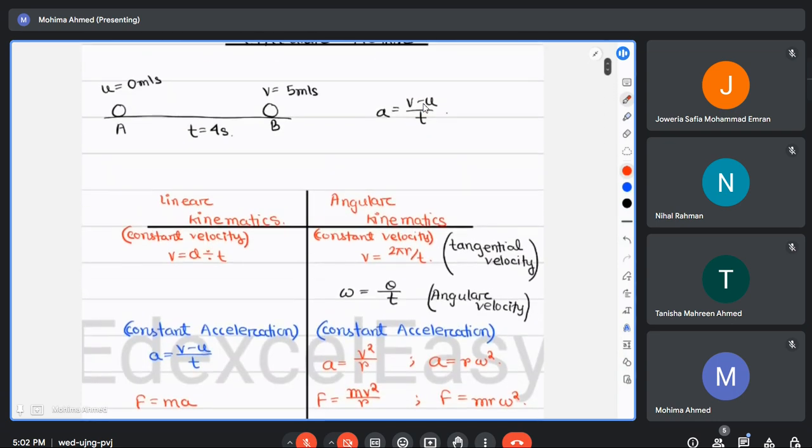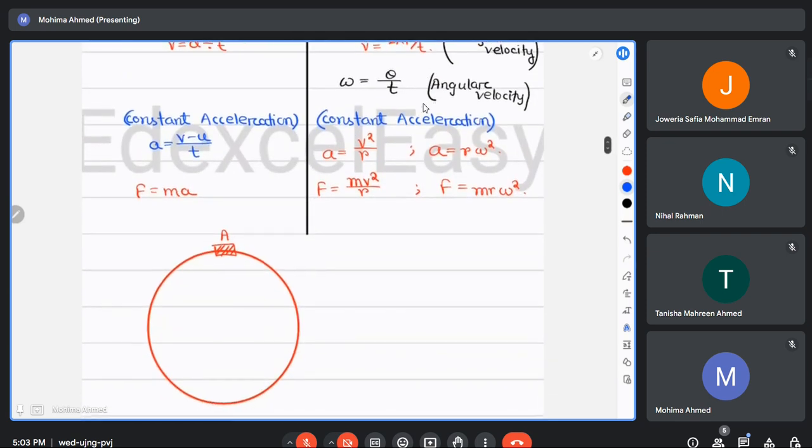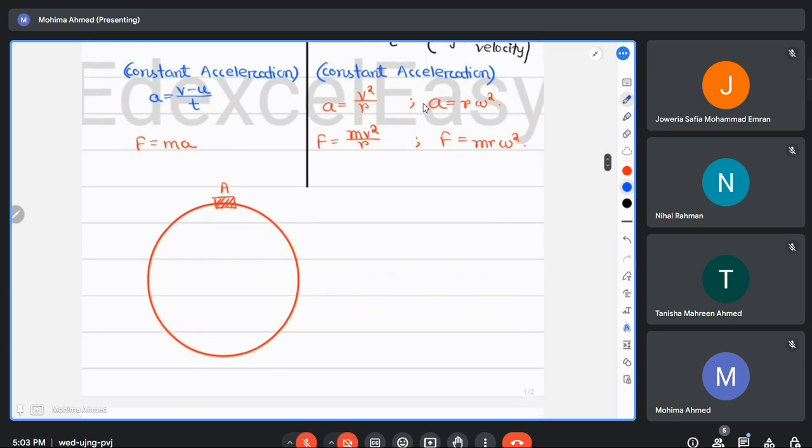I should write this down. Constant velocity indicates the value for your a is 0 meter per second square. Obviously at constant velocity acceleration is zero. That means there will be no change in velocity. If the magnitude of your velocity is not changing, in that case, acceleration should be zero.